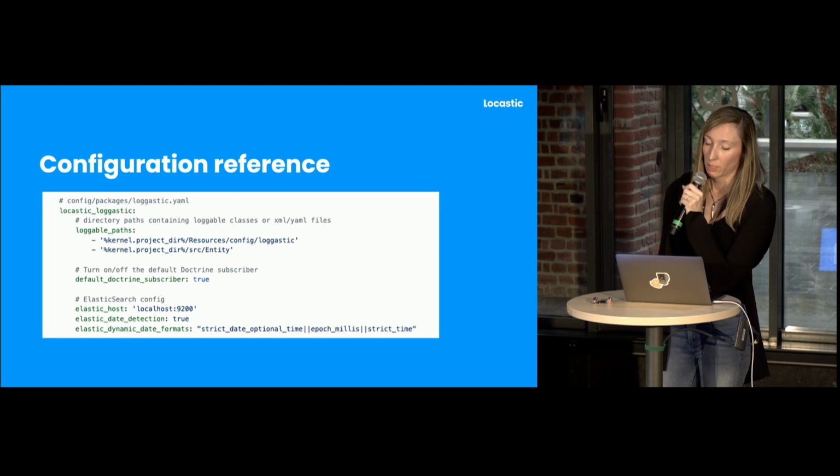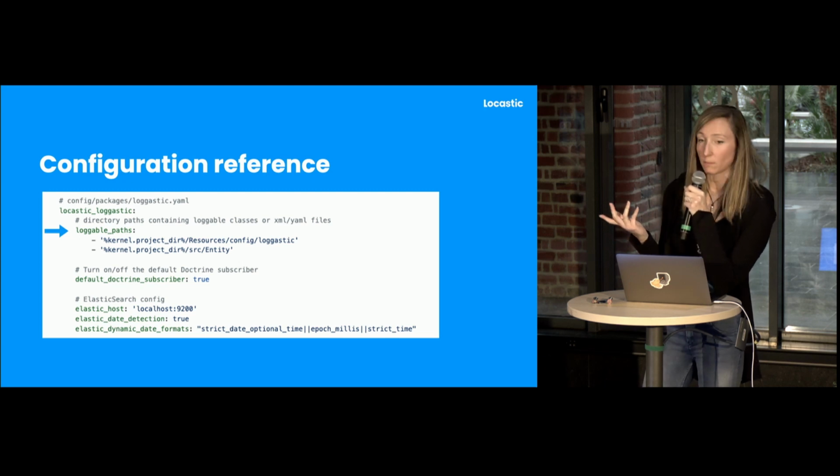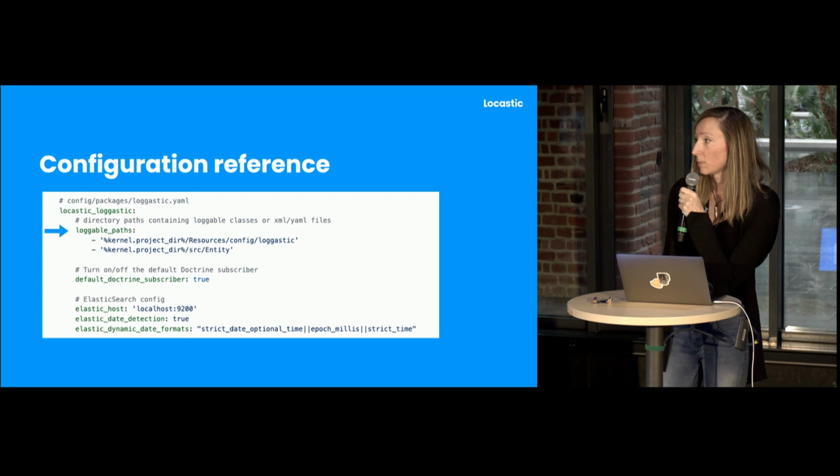This is the configuration reference. First, we have loggable paths. So these are the default ones where the bundle will read your configuration files. It can be attributes, XML, or YAML files. But you can also add your own paths according to your project architecture. Next, we have a default Doctrine subscriber, which is default true.